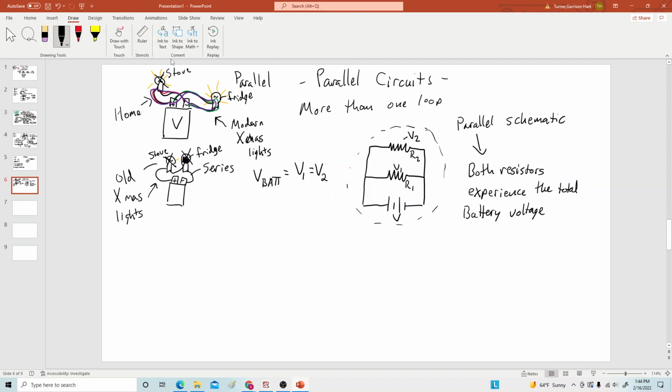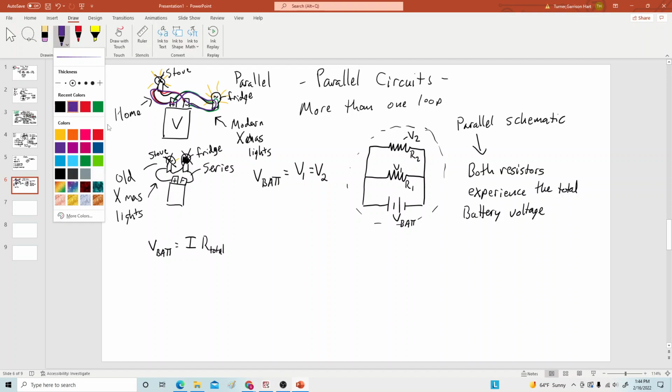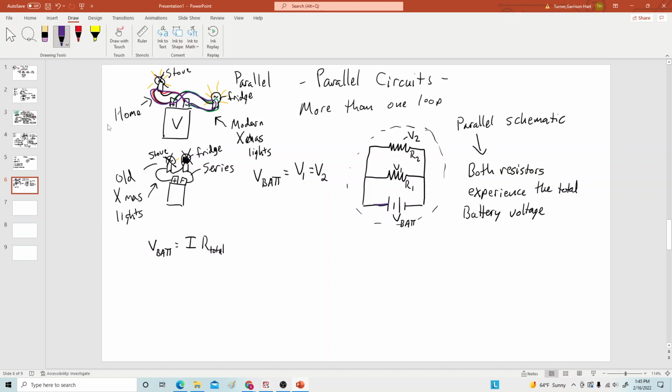And from the battery's perspective, Ohm's law still applies. But the total current here is just going to be the current that the battery sees going out and that the battery sees coming in.